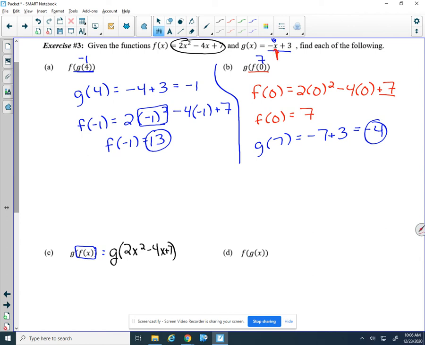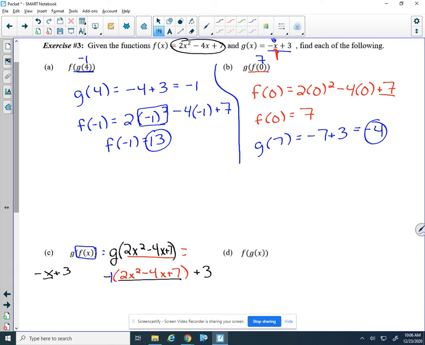So it's a plug-in. So this equals negative, we're going to plug this in for x, 2x squared minus 4x plus 7 plus 3. And that's because g of x, I know it's all the way at the top of the page, is -x plus 3. So I just plugged this in for the x.